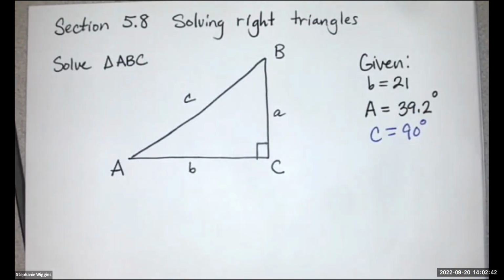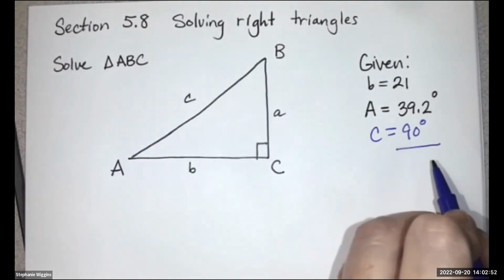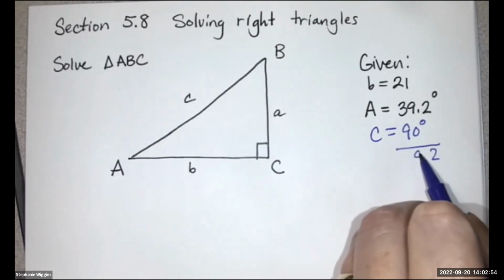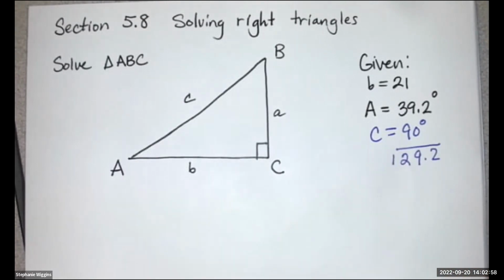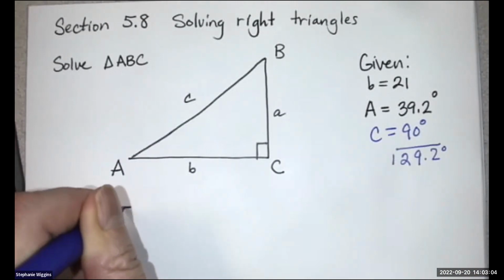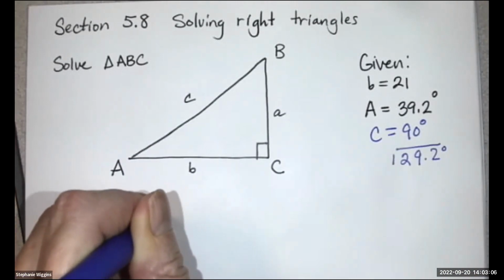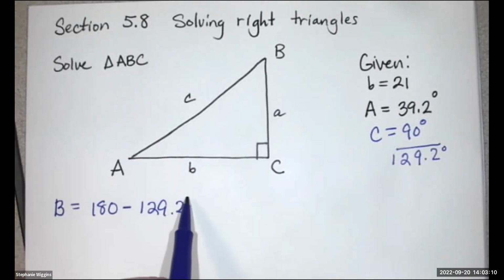As long as you know 2 angles, you can very easily find the 3rd angle by subtracting the sum of your 2 angles from 180. If we add these together, we have 129.2 degrees, and if we subtract that from 180, we get the 3rd angle.